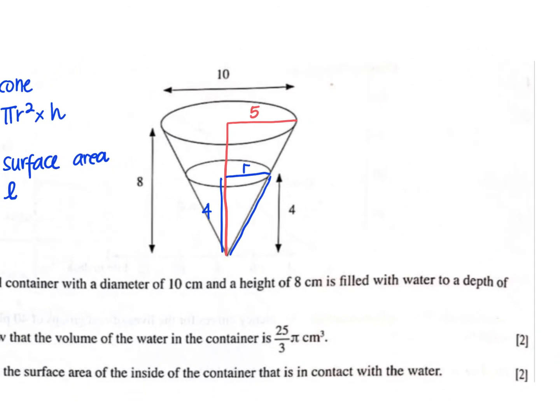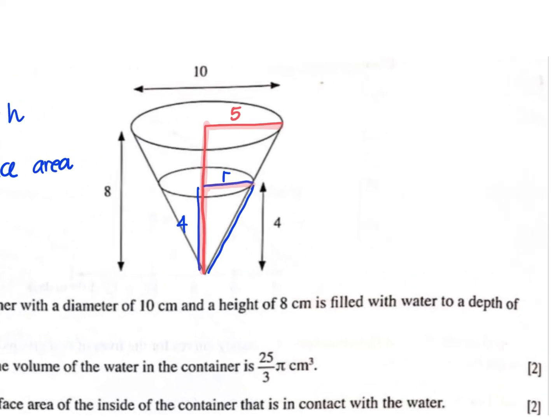So let's try to observe a pattern from our diagram. What do we actually see? We notice that there is this triangle over here, and there's another triangle over here. These two triangles are actually similar triangles. Why is that so? Number one, the angles over here are the same and they share the same angle, so you can see very clearly. Then the third angle will definitely be the same, so all these are equal angles, and you have similar triangles. So when we have similar triangles, what can we find?